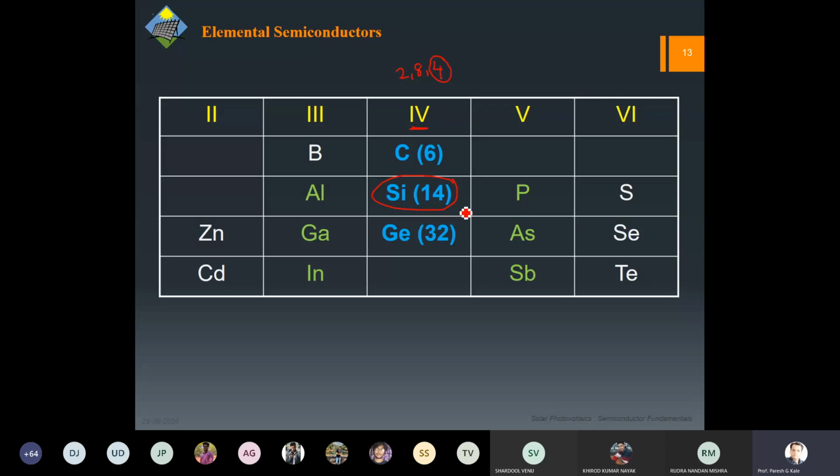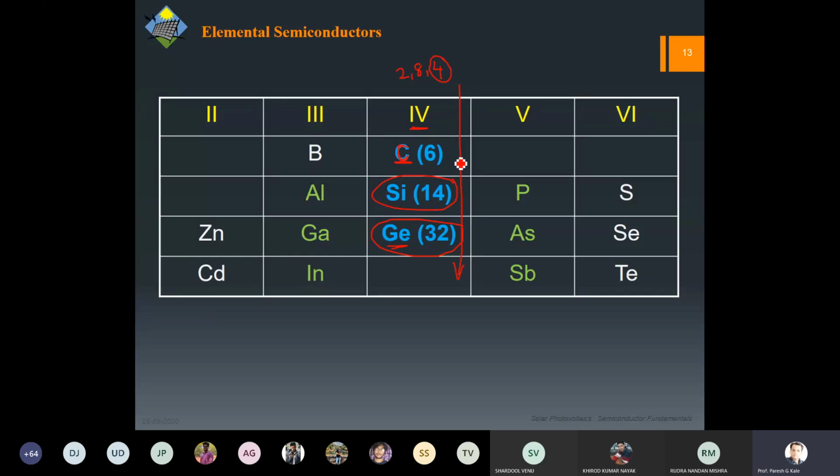And again, you know that these particular columns will have similar properties. So like silicon, carbon can also be used as a semiconductor, and germanium can also be used as a semiconductor. Germanium and silicon are quite well known. However, carbon is now recently being introduced. But carbon has different properties.